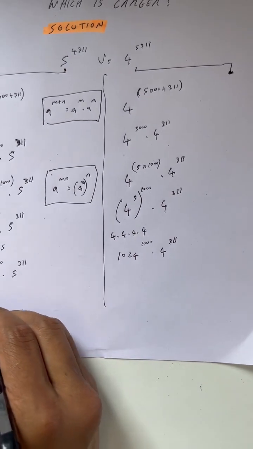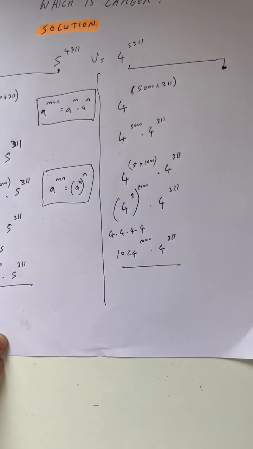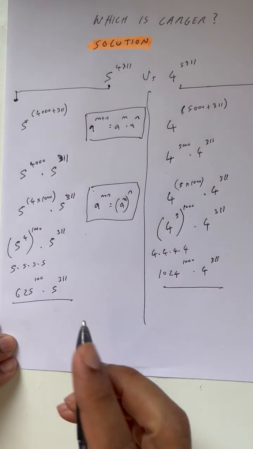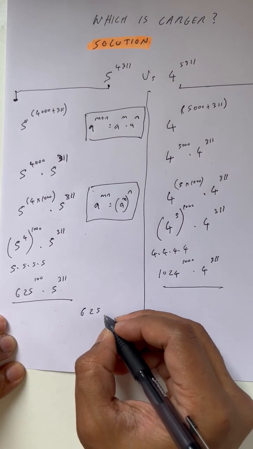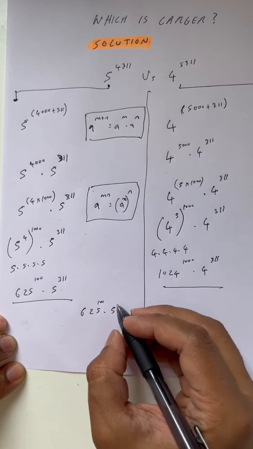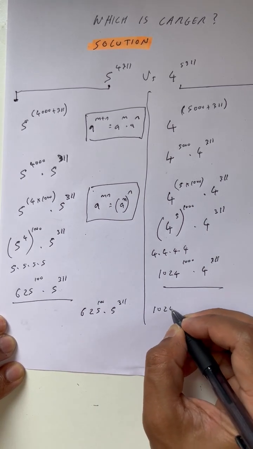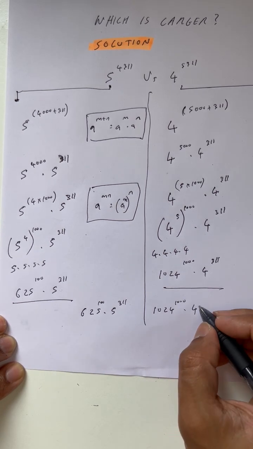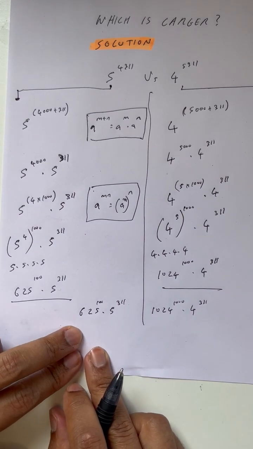Good, so now we can start comparing these two numbers. We have 625 to the power of 1000 times 5 to the power of 311. And we have 1024 to the power of 1000 times 4 to the power of 311. So now we can start comparing.